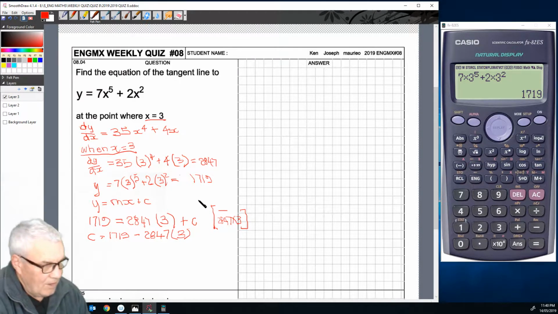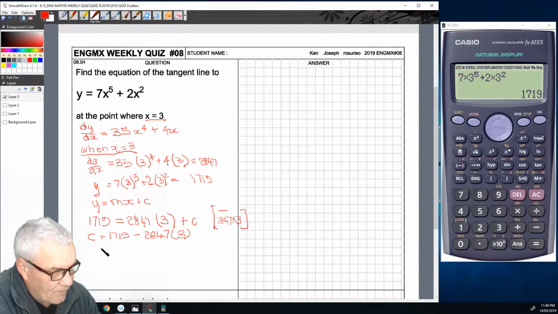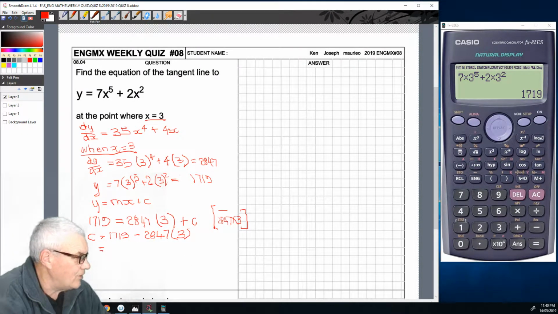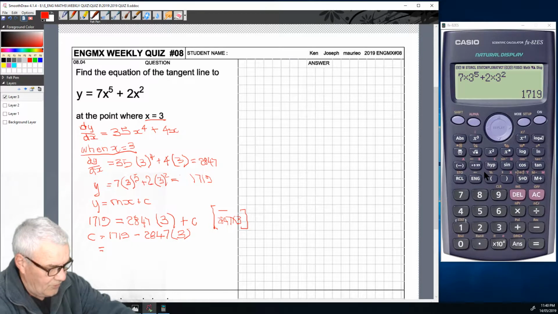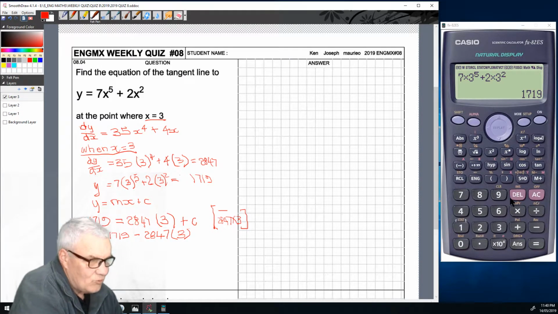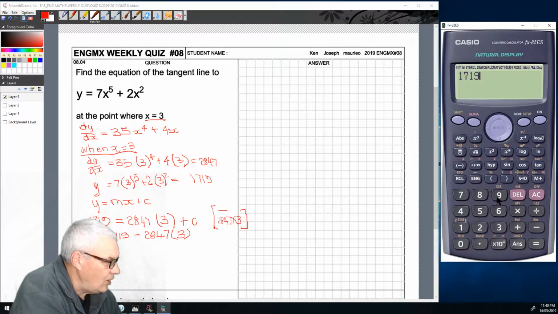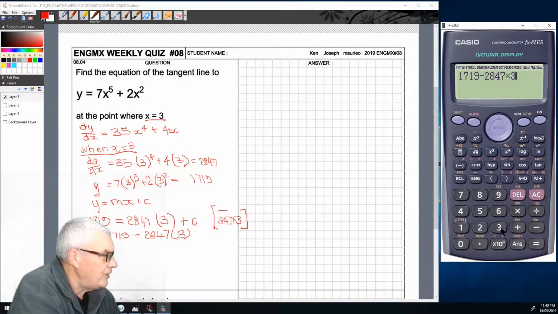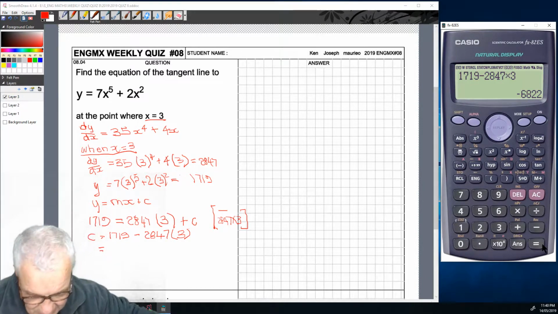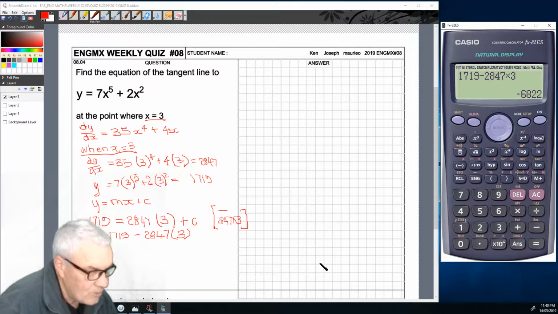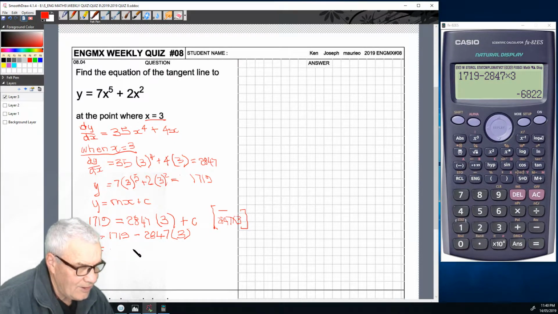Okay. So let's get that up on the calculator. I think I'll do that with my mouse here, it's a bit easier. 1719 minus 2847 times 3 equals negative 6822.